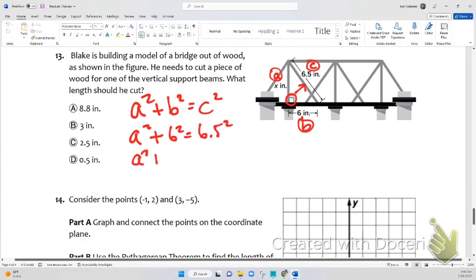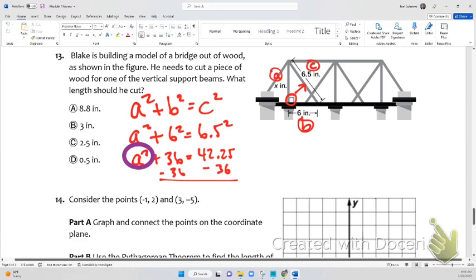So in this case, we get 36. Over here on this side, we end up getting, what is this? This gives me 42.25. And then in order to get the a squared by itself, we must subtract 36 from both sides.